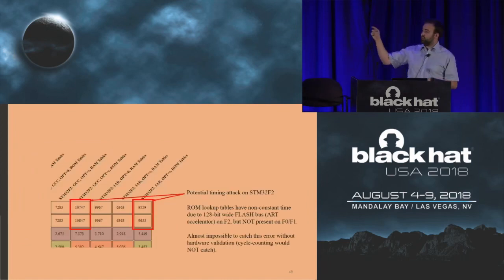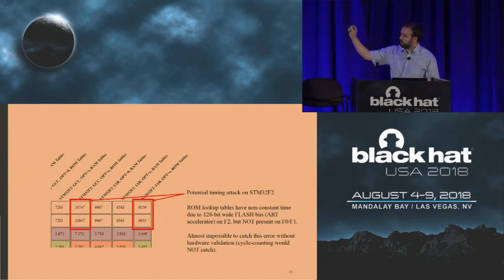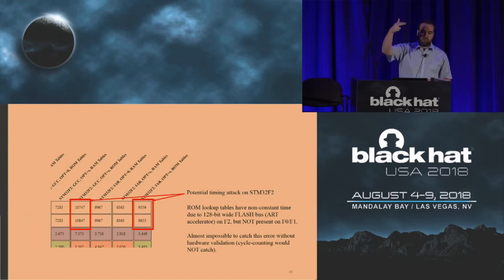The other interesting thing that I didn't expect to find is that some of these also introduce timing attacks. Basically, the flash lookup on the STM32F2 is done 128 bits at a time. Within this 128-bit lookup, if your lookup is in the same row, it's a little bit faster than if you go outside of it.